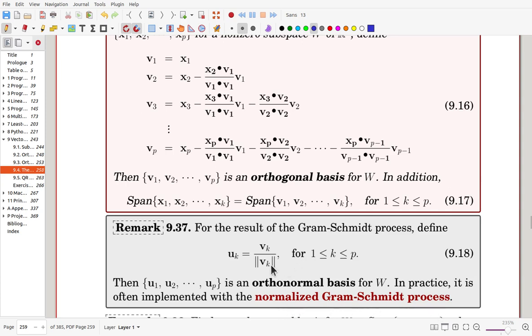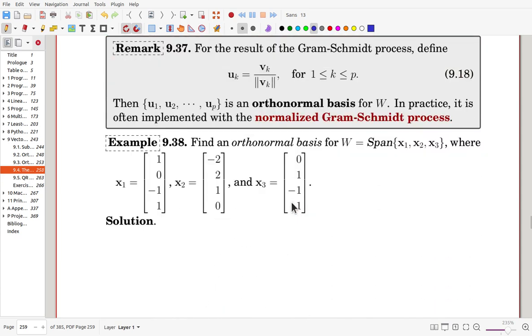That means that this normalization is included in the algorithm.